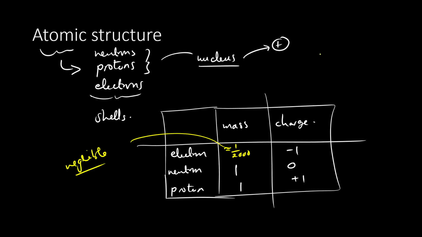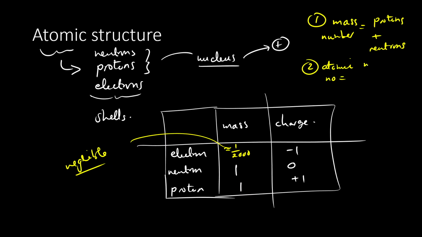There are three tenets, three principles you need to adhere to. One of the principles is that the mass number, the atomic mass, is simply the addition of protons and neutrons. So the mass of the nucleus, that is. The second principle you need to appreciate and apply in future questions is that the atomic number equals the number of protons.